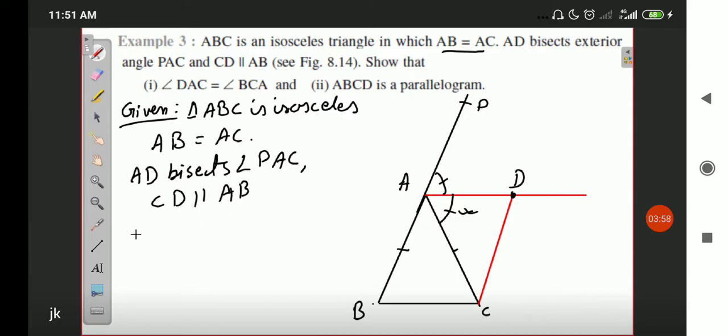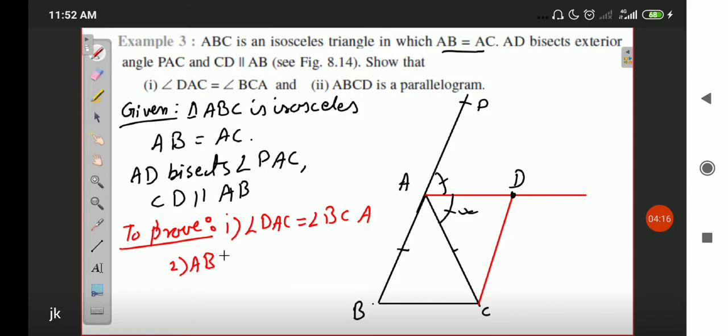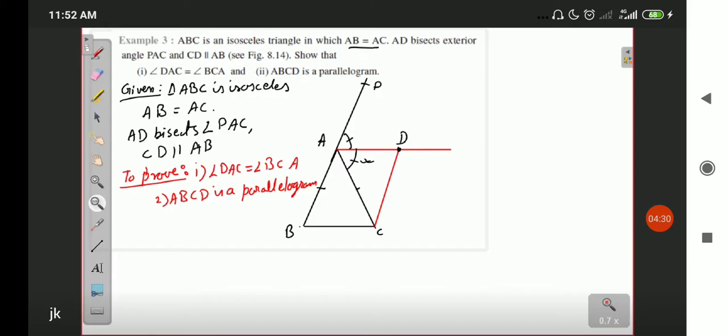Now, what do we need to prove? We need to prove that first of all angle DAC and angle BCA are both equal. Secondly, ABCD is a parallelogram. So we'll start with the proof.